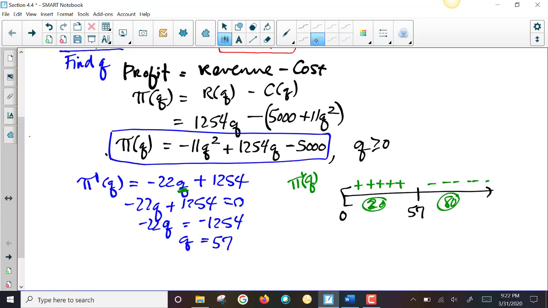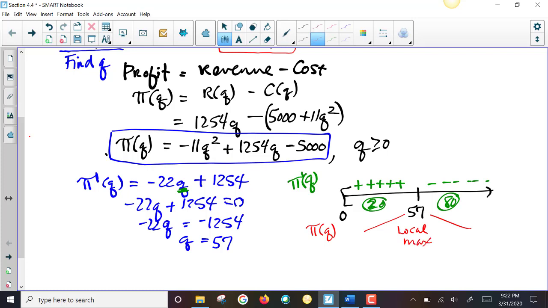So I know that my profit function is increasing on the interval from 0 to 57 and decreasing from 57 to infinity. So that tells me that at 57, I have a local maximum.